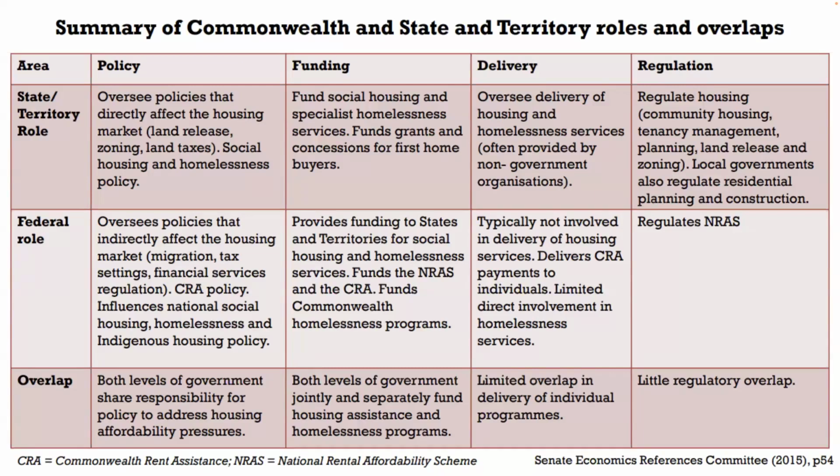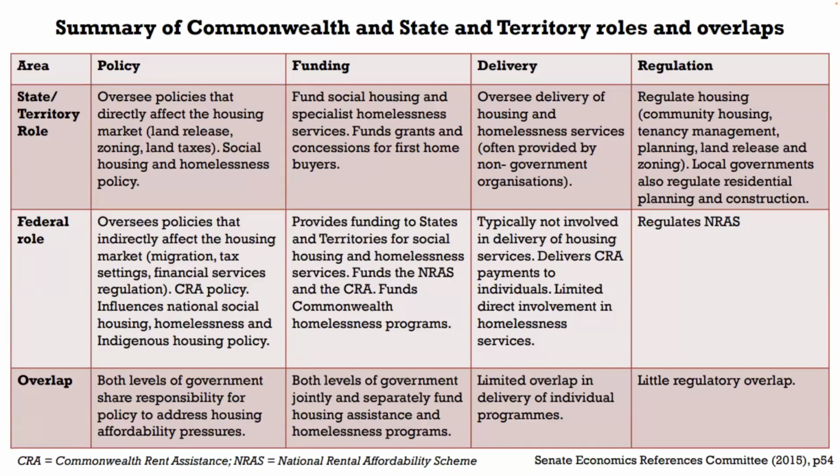Now, the role of state level and territory government somehow overlaps with the role of the federal government, or the Commonwealth government. In a sense, the state level and territory government mostly is in charge of overseeing policies that directly affect the housing market, things such as land release, zoning, and taxation, and even issues of social housing and homelessness policies.